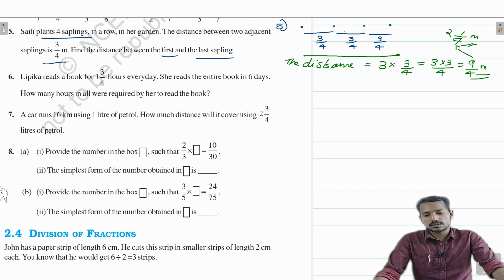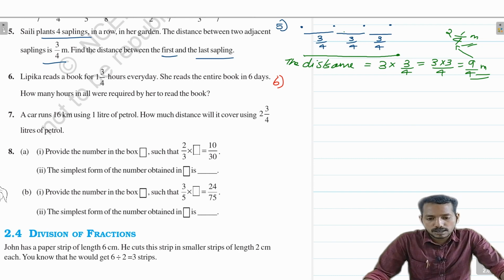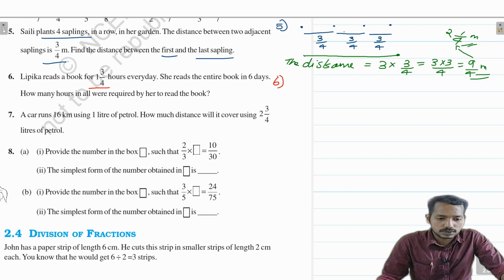What about this question number 6? See, Libika reads a book for 1 3 by 4 hours every day. So first thing we have to do is convert this mixed fraction into improper fraction.